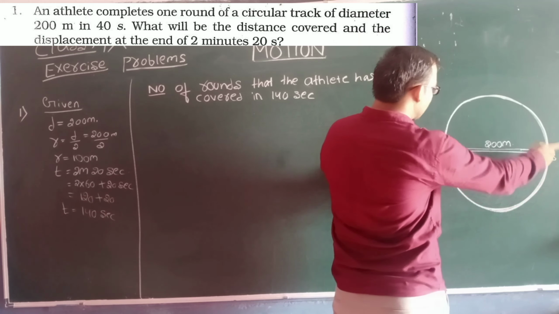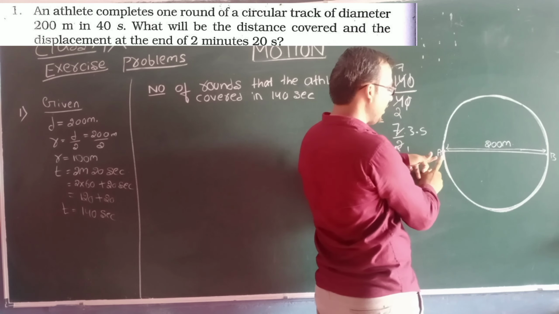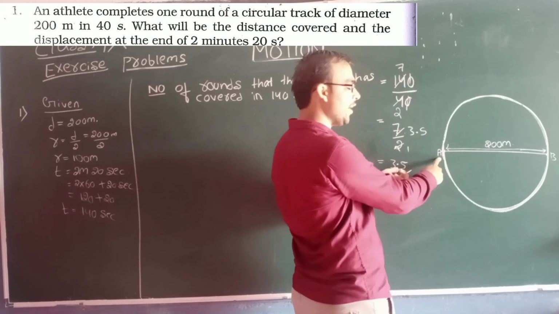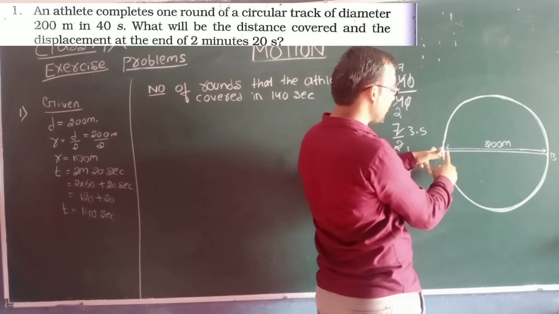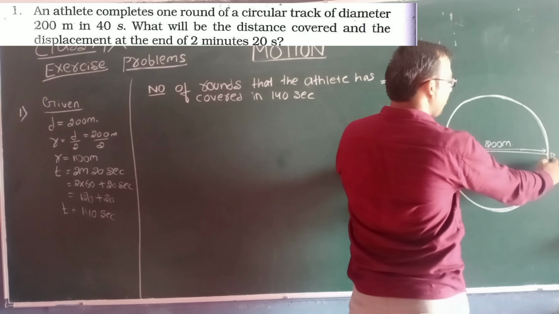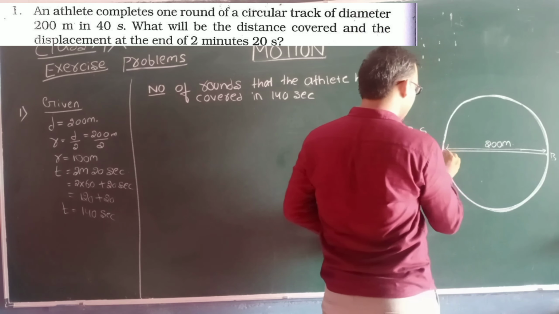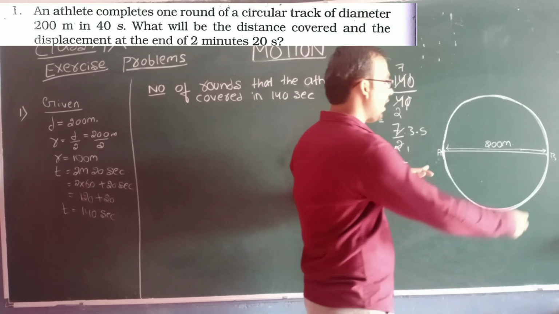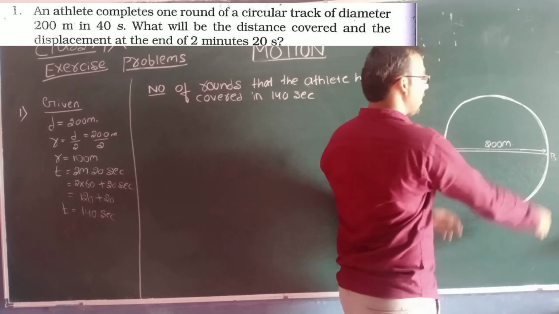Again he goes around and comes to A, 3 rounds happen. Here 3.5 rounds means again he is moving from A and comes to B. So this is a half round.